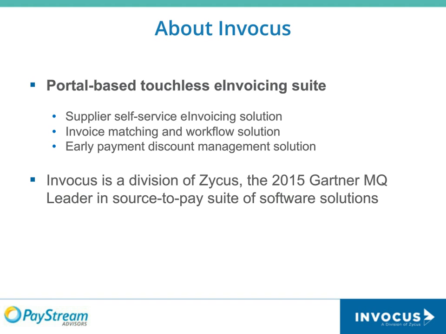So that means a self-service portal interface for your suppliers to originate electronic invoices and track their approval and payment status. For the AP organization, automated invoice matching and workflow resolution of any exceptions, and the ability to capture and optimize early pay discounts as well.